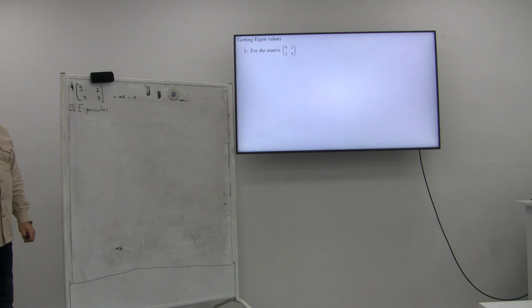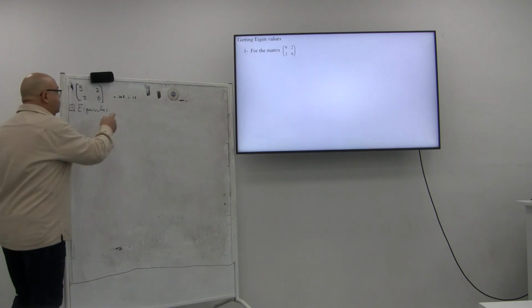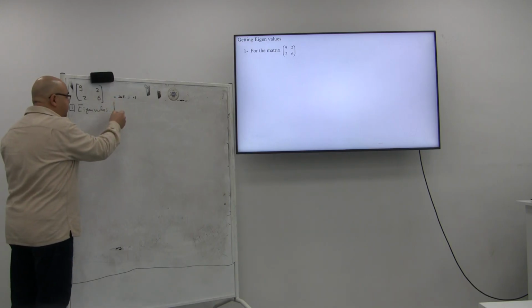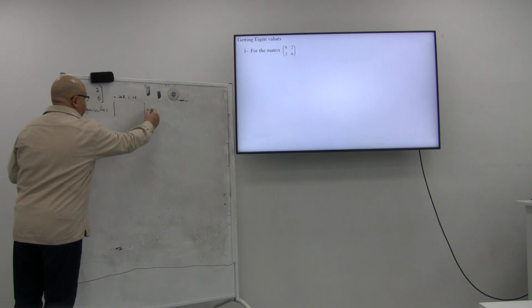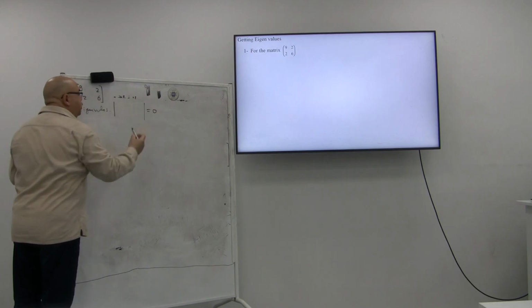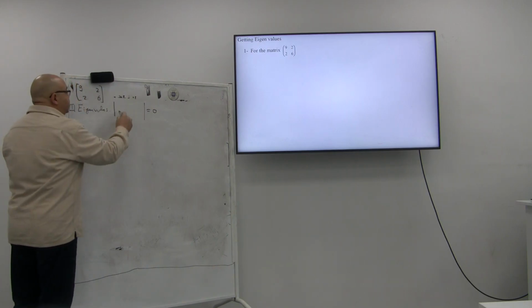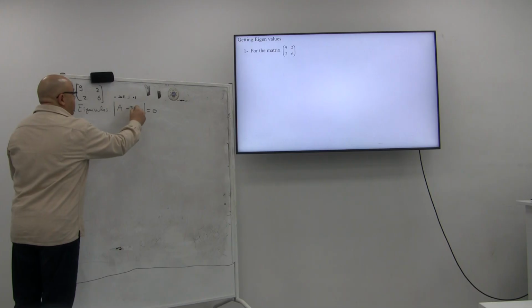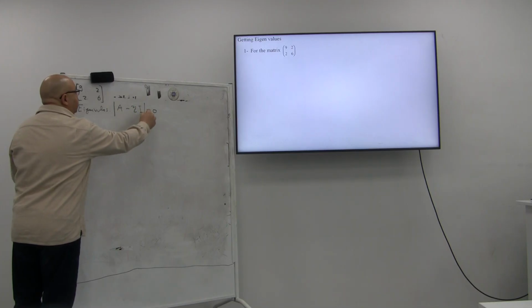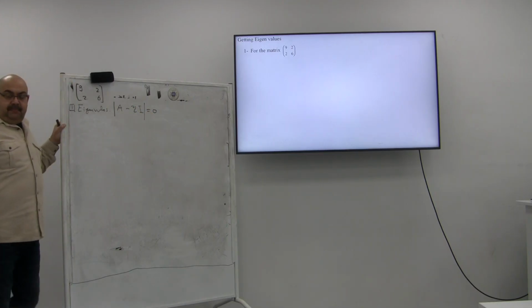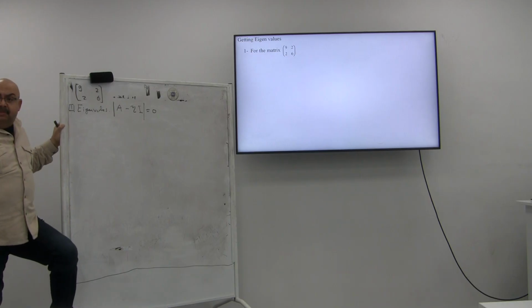I will use, yes, you're right, the characteristic equation. What's the characteristic equation, Mr. Hussein? Determinant, and the determinant is equal to 0. What's inside the determinant, Ms. Salma? It's A minus eta times I, where I is the unit matrix.